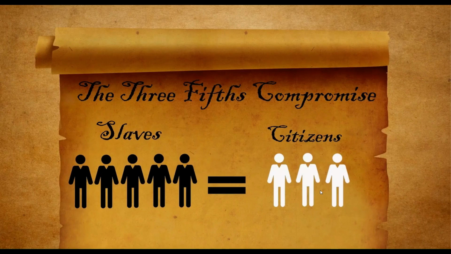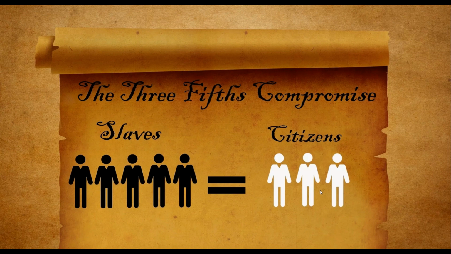Yep. The 3/5 compromise, where down in the southern states that allowed slavery, the southern states said, hey, we want lots of political power and we want representatives to represent our slaves, even though we don't count them as citizens.